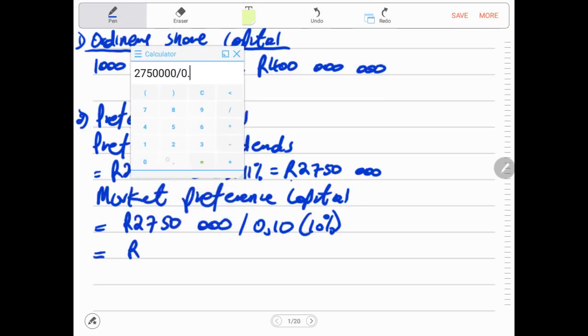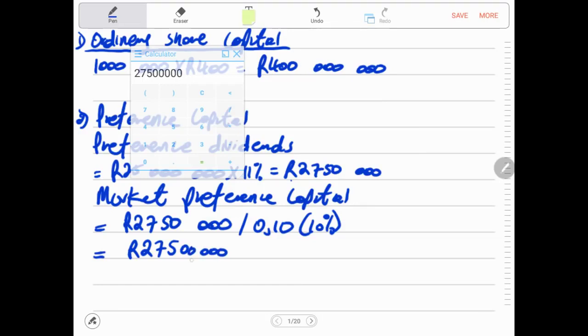So we divide this by 0.10, then we get 27,500,000 rands.